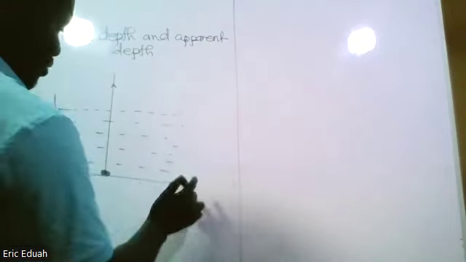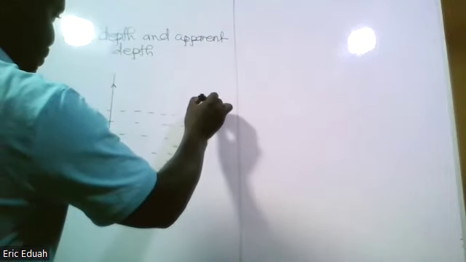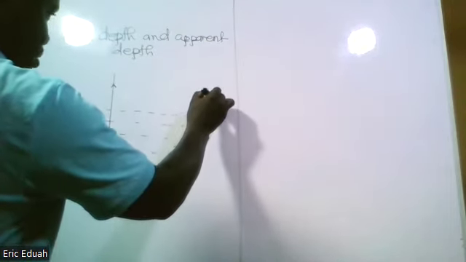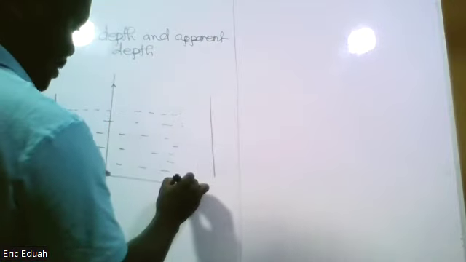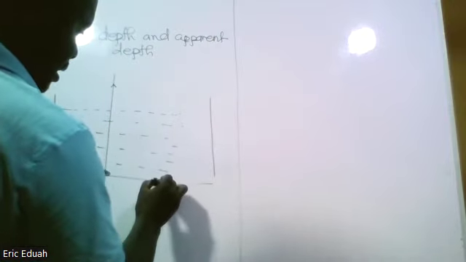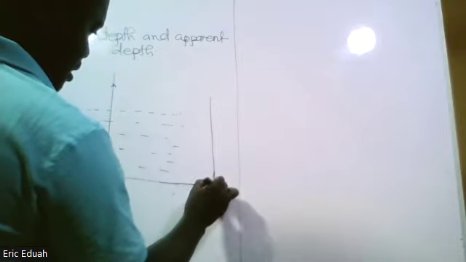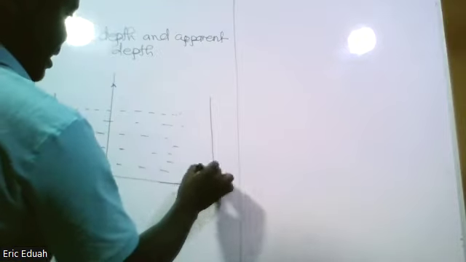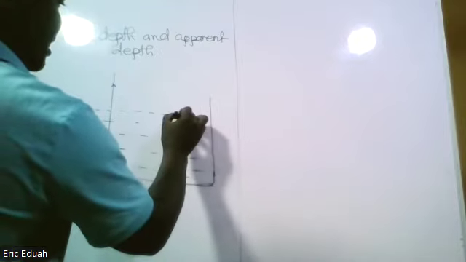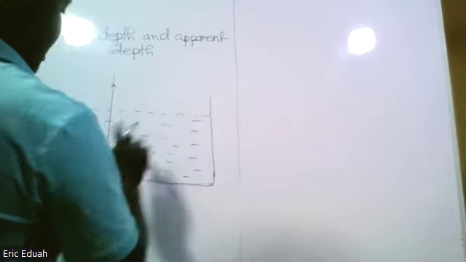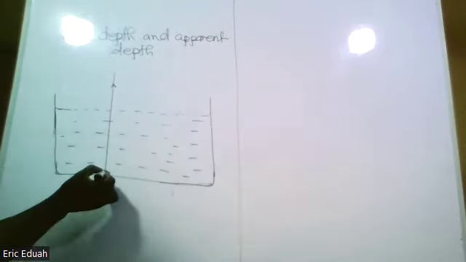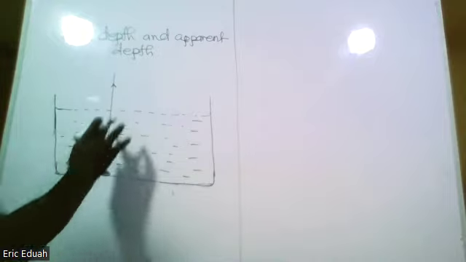Now, to see the object, light would have to travel from the object to the observer's eye.